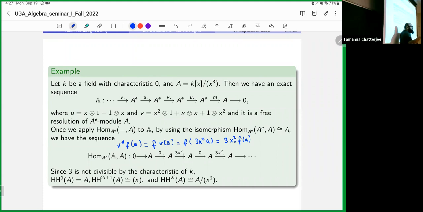The ideal is generated by x. So for any degree of Hochschild cohomology, I have the ideal generated by x. So this is how we calculate Hochschild cohomology, but unfortunately, it's not in Hochschild.